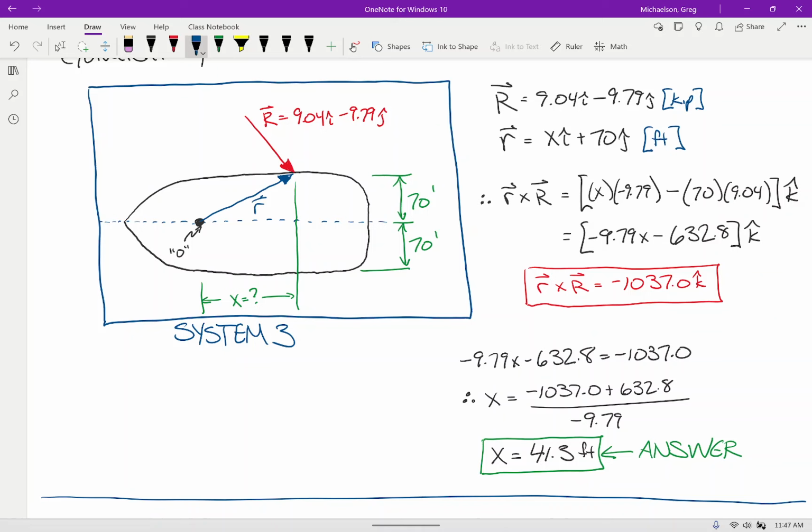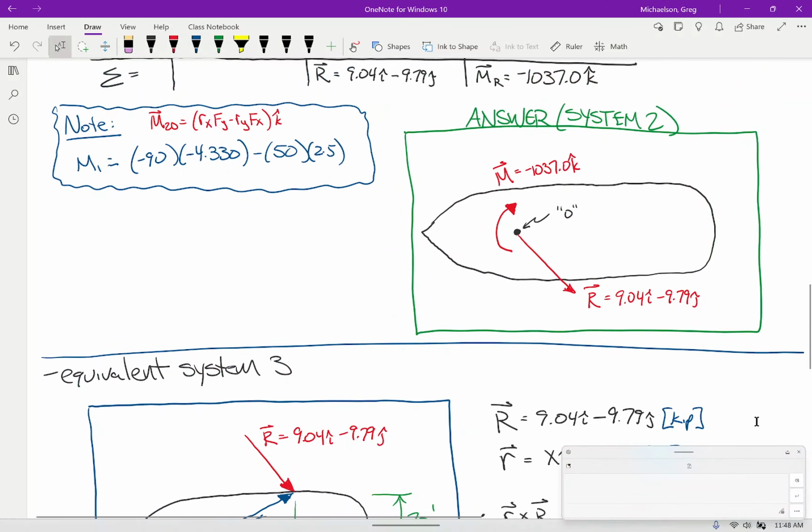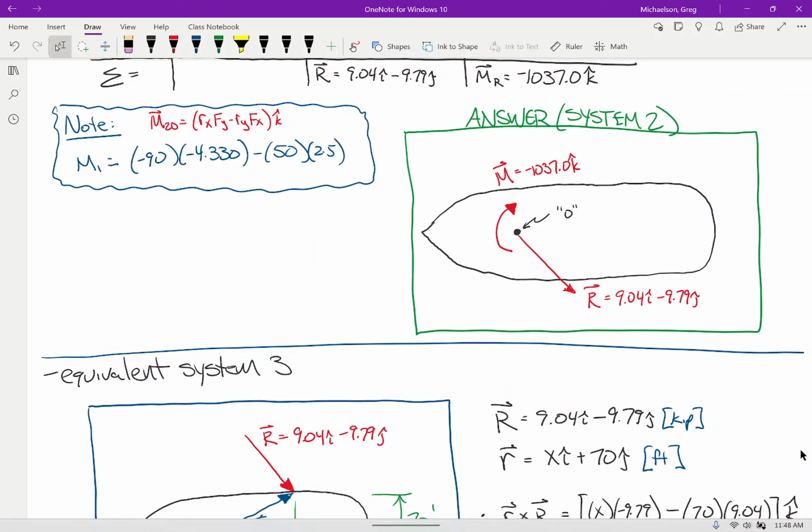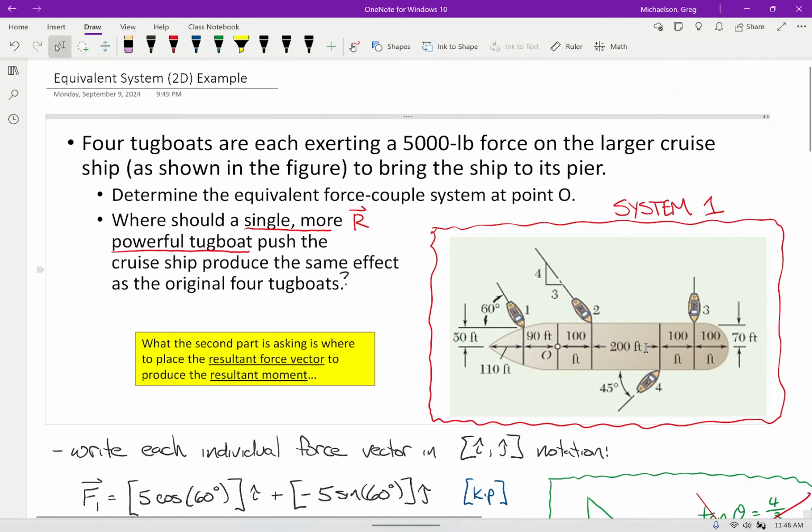In the beginning, how do you know where to put the force vector? What do you mean, like right here? Yeah, how do you know to put it there? Well, that's a good question. I'm putting it on top because if I look back at the problem, all the boats are pushing, right?